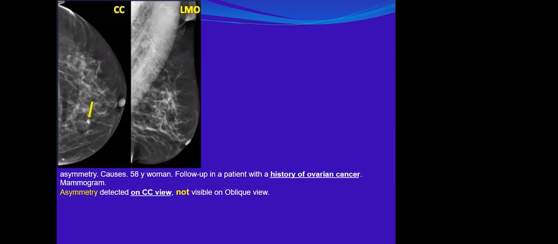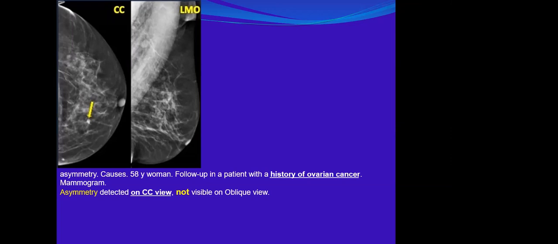But she had a history of ovarian cancer. Excellent. So here we have to consider the history. We consider her an elevated risk patient, so we have to take it seriously.